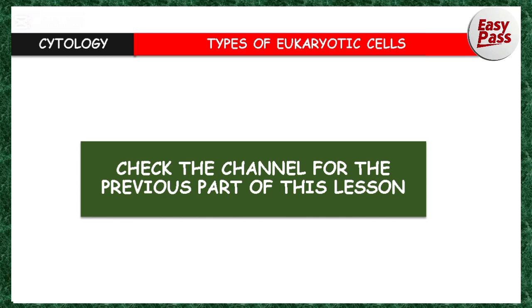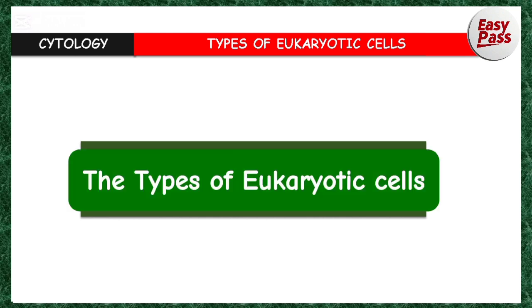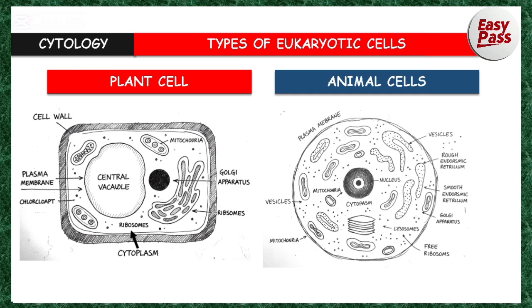But for the class of today, we'll be looking at the types of eukaryotic cell. There are two types of eukaryotic cells, namely the plant cell and the animal cell.